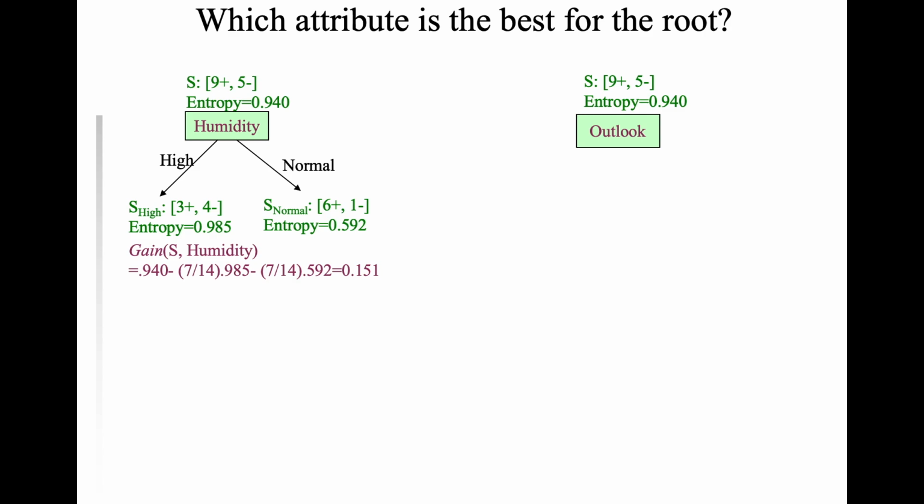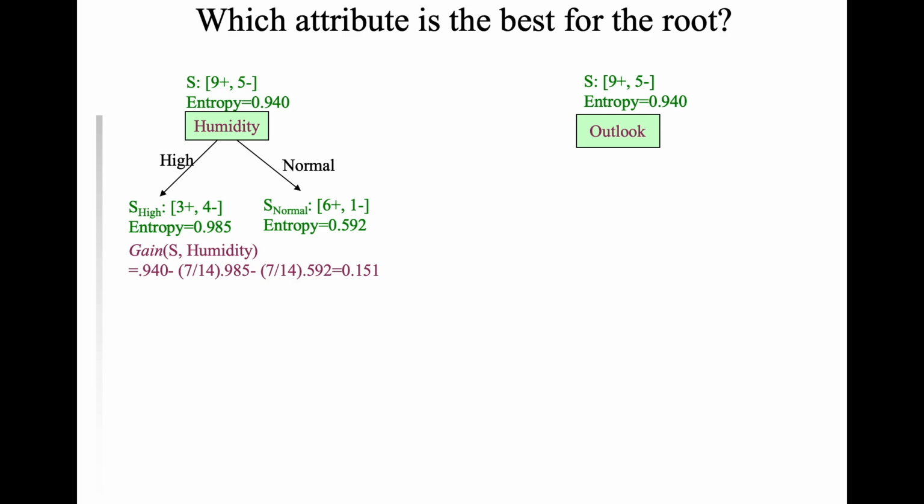Now you have the number of examples in S_i and number of examples in S, which is 7 to 14 and 7 to 14, because for both classes of humidity, either high or normal, we had 7 instances. It's accidentally the same here, but it could be different. So we have 7/14 here and 7/14 here. And then those numbers that we multiply by 7/14 are the entropy of each subset, right?